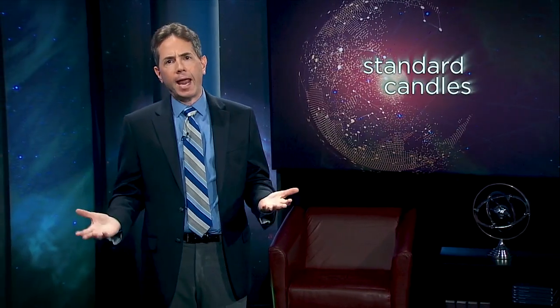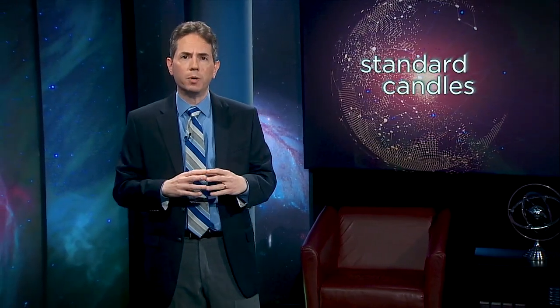Cepheids are an example of what we call standard candles, sources for which we somehow know the luminosity. Astronomers love standard candles. An interesting historical tidbit is that Cepheids were what first allowed us to zoom out beyond the Milky Way.